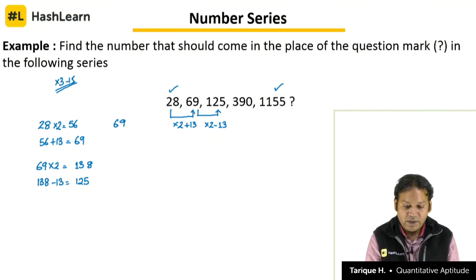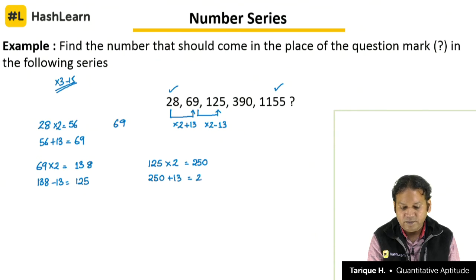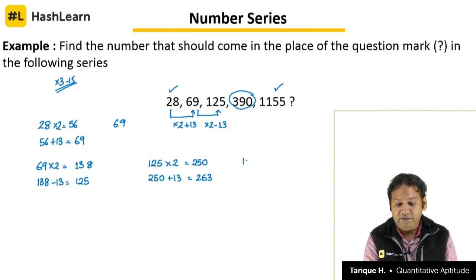If that is the case, then if I take 125 and I do into 2, it becomes 250 and 250 plus 13 is equal to 263. But this number is 390, so something else is happening. Okay, let us see what happens when we take 125 into 3.